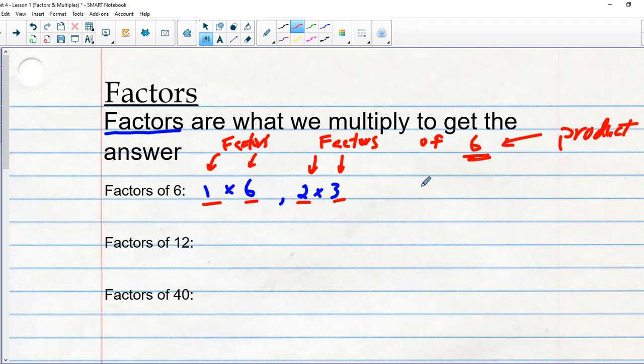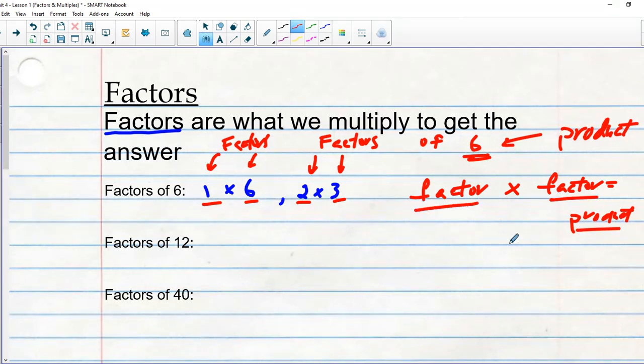When you take a factor and multiply it by another factor, you get a product. You see how specific and clear the vocabulary in math is? Two factors make up a product when you multiply them together.